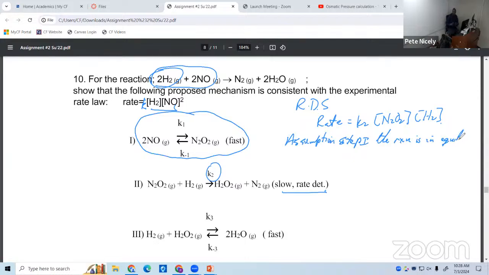So what does that mean? When we talk about equilibrium, equilibrium basically means that the rate of the forward reaction will be equal to the rate of the reverse reaction, right? That's what equilibrium means.